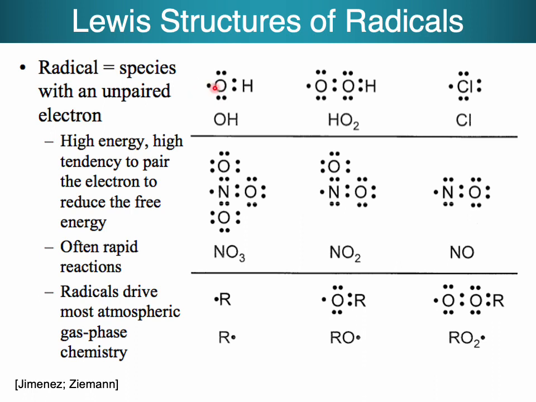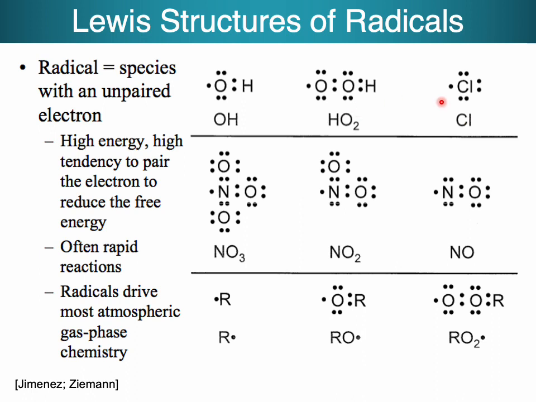This unpaired electron renders the whole molecule high in energy, and it has a high tendency to pair the electron to reduce the free energy. So it is highly reactive: whenever it has a chance to grab electrons from another molecule or bond, it would like to do so, all right? They are often involved in very rapid reactions, and indeed, radicals drive a lot of the atmospheric gas phase chemistry.